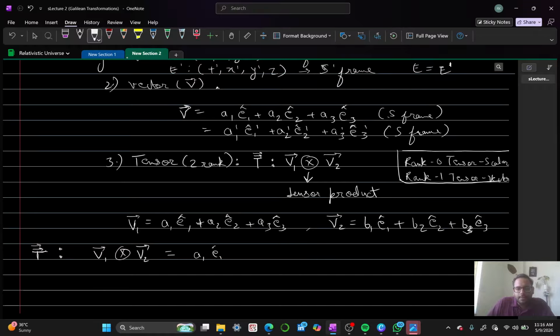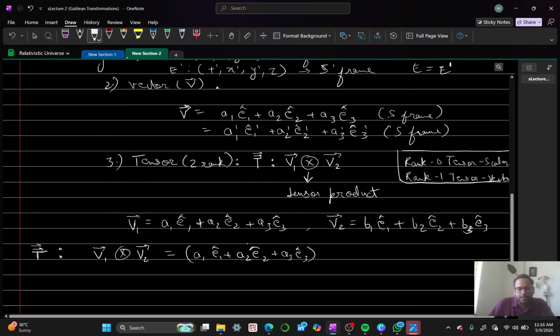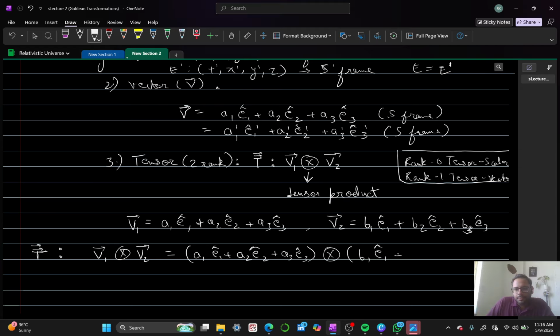So I can write this: this is my first vector, and I will take a tensor product with the second vector.